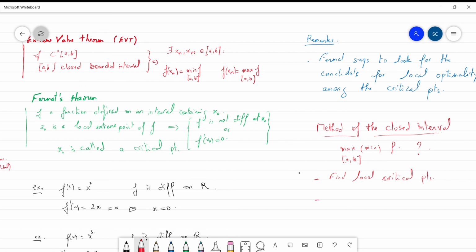And then evaluate f(a), f(b), and then compare.